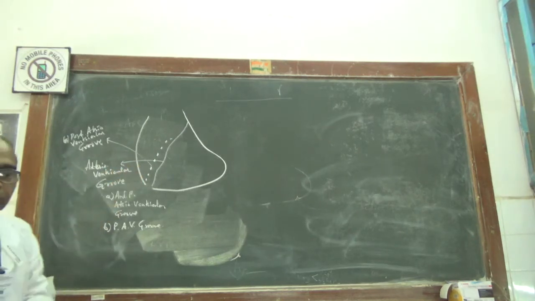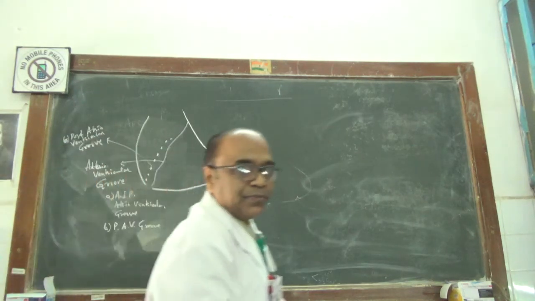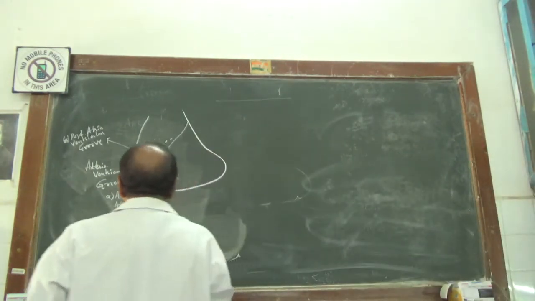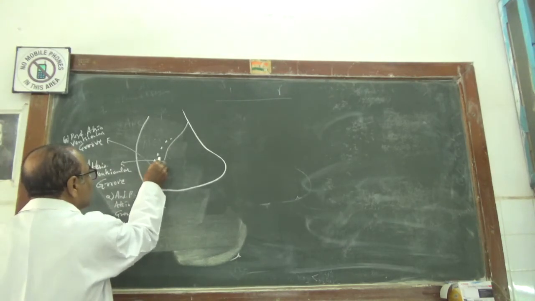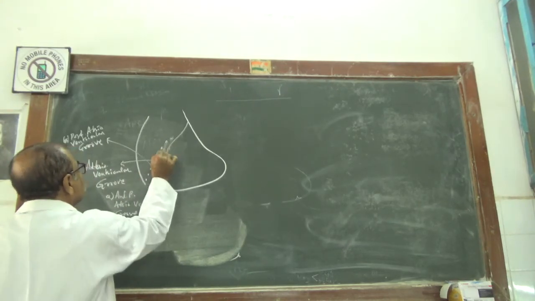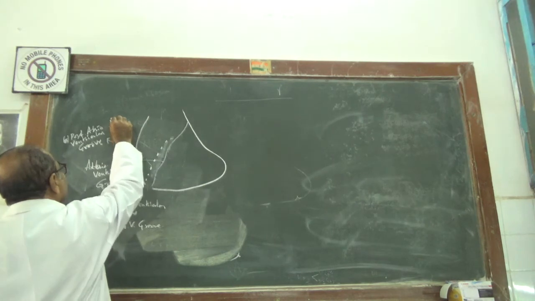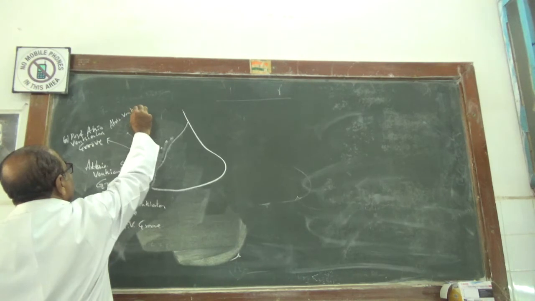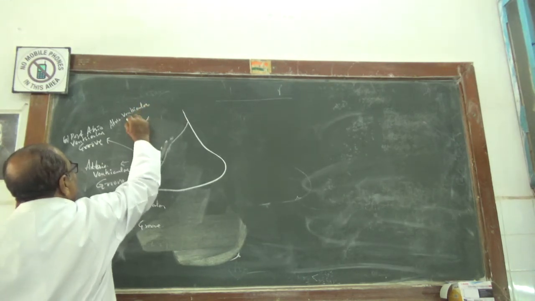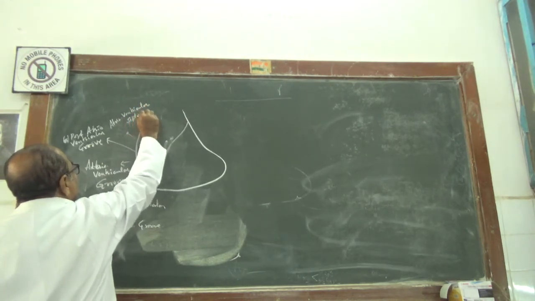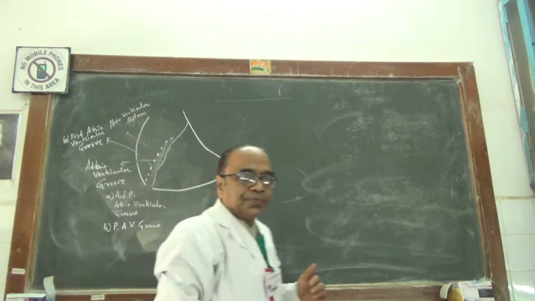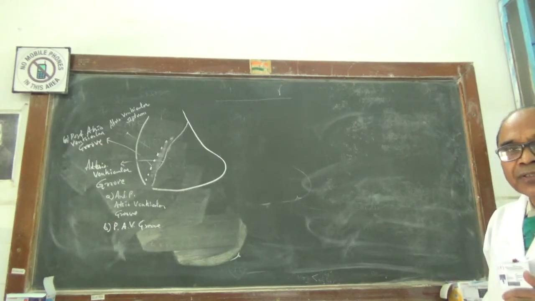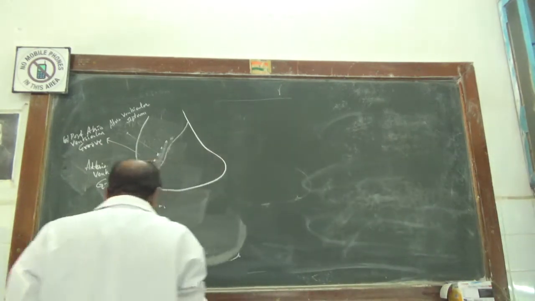Now these grooves, as they run inside, form the atrioventricular septum.